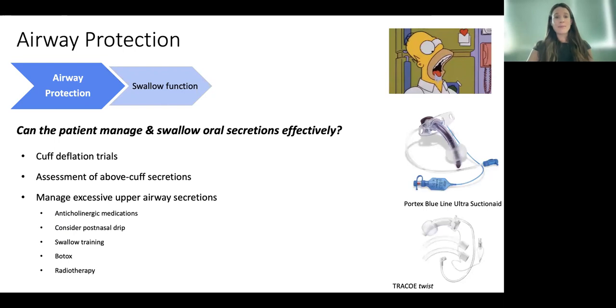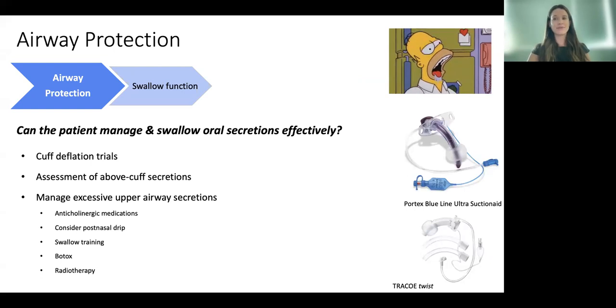In regards to airway protection, our speech pathologists can guide the assessment of a patient's swallow and their ability to manage secretions. The assessment of above cuff secretions can give an indication of protection. However, consider the presence of an inflated cuff does reduce swallow efficiency by reducing sensation, subglottic pressure, and motility.